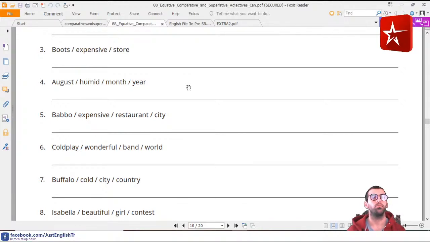Bebo is the most expensive, not humidest, the most humid month. Bebo is the most expensive restaurant in the city.